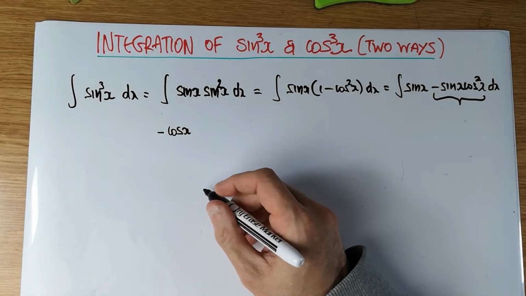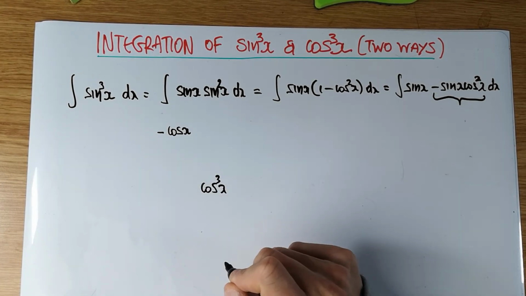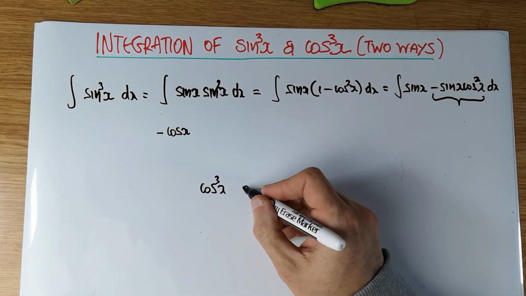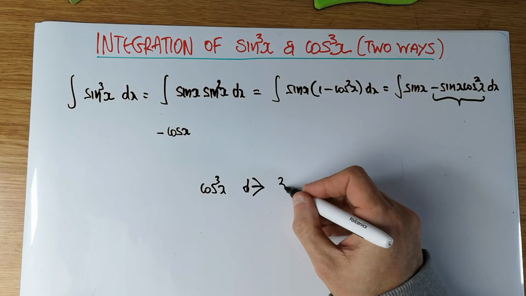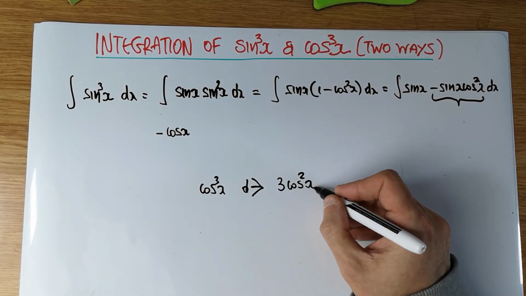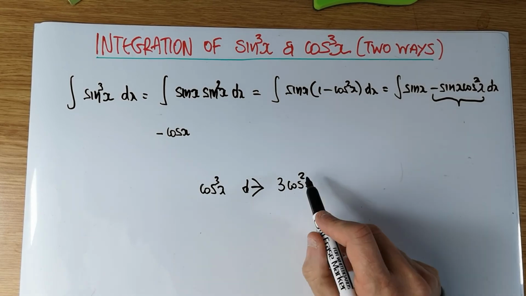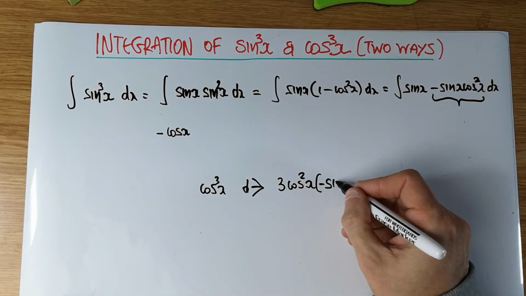If we differentiate a cos cubed, I'm just doing it down here so we can see what's going on, we will get 3 cos squared of x, so the power goes down by 1, and then times the derivative of a cos, which is a minus sine.